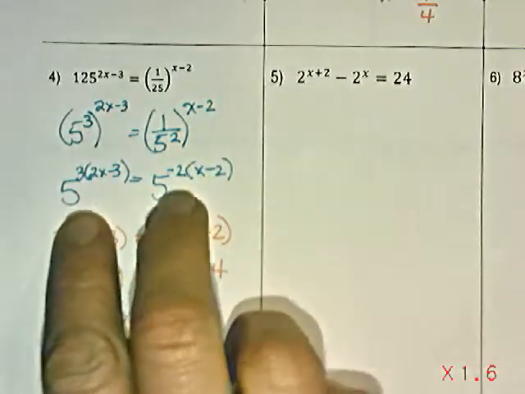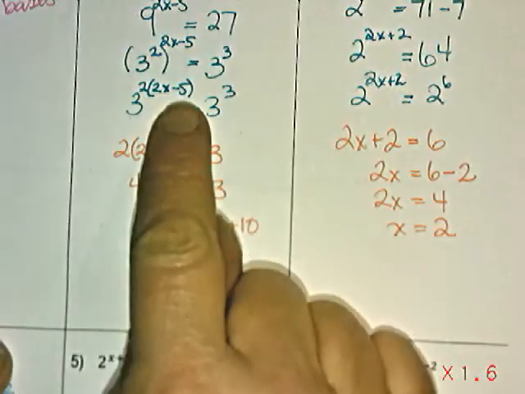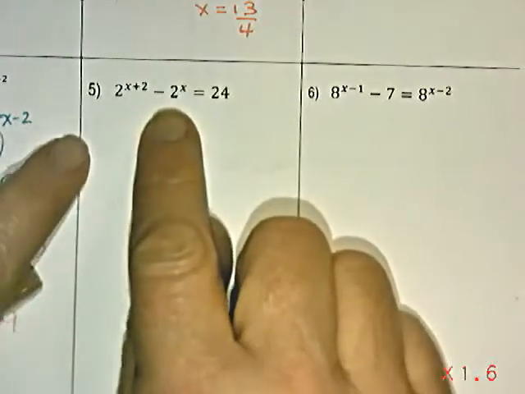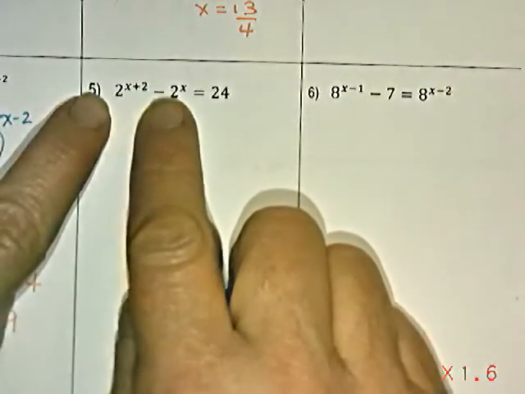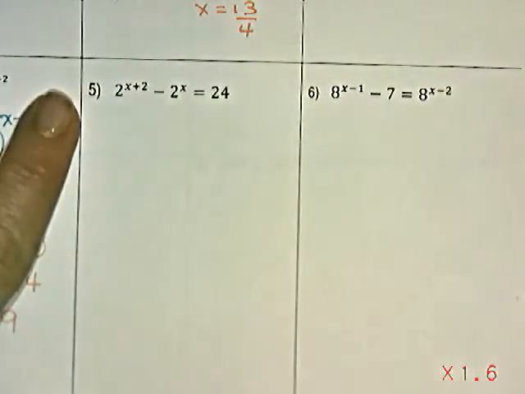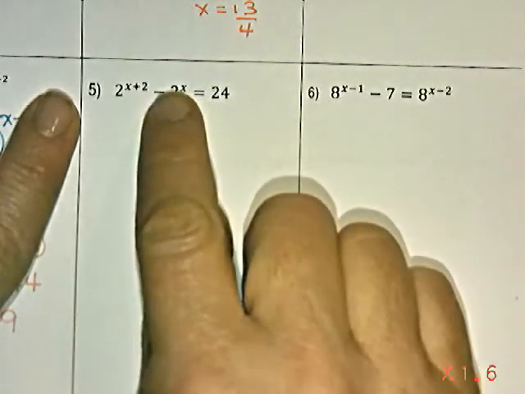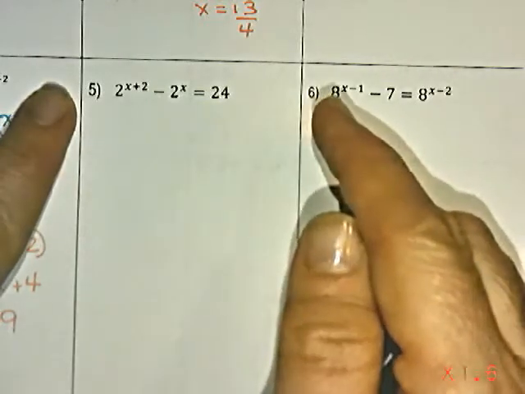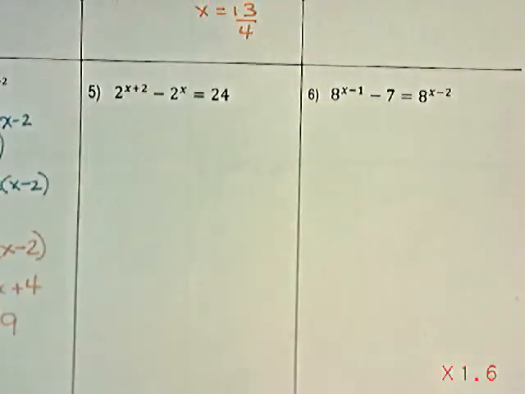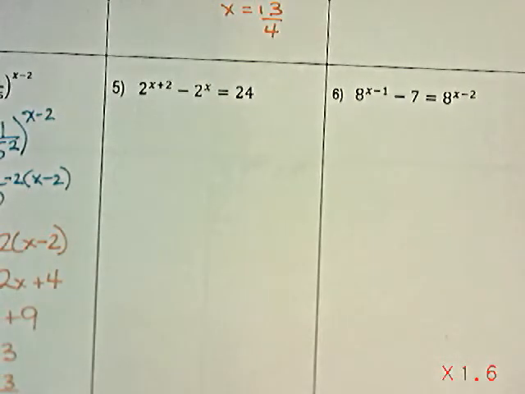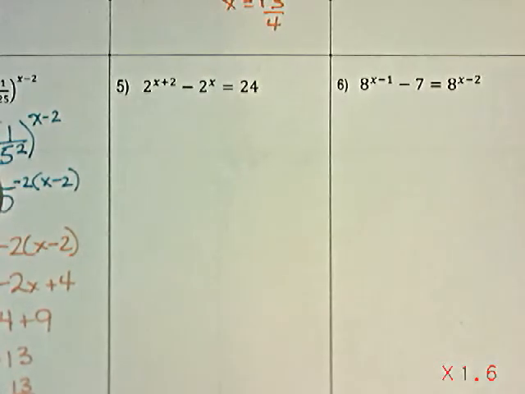Here we just had our base 5's, we just had our base 3's. No matter what I do here, I've got a subtraction situation, and I can't subtract powers of the same base. And if I bring this 2x over to this side, I would be adding it to 24, and I'm stuck that way. I cannot seem to just isolate bases on either side.